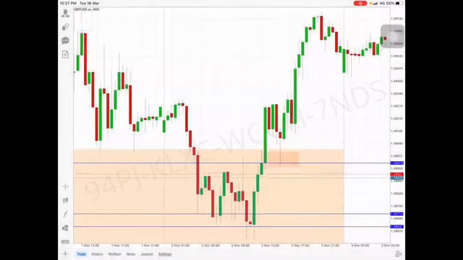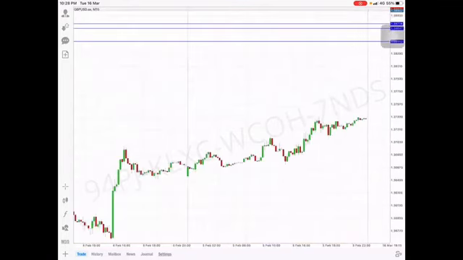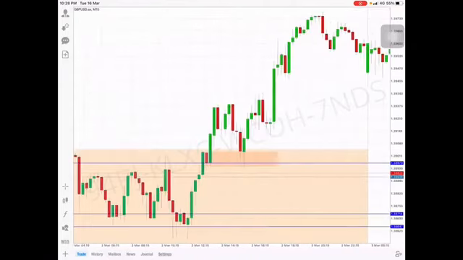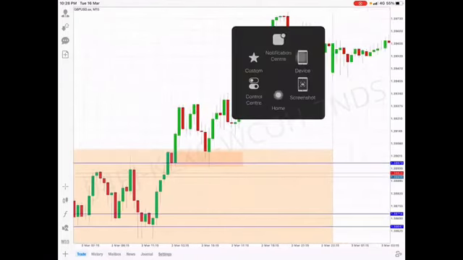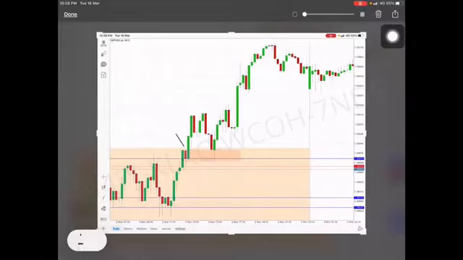How do you see if the DOM is valid or not? Which time frame do we go? M15. Yes, so we go to M15. So is the DOM valid? Is there any engulfing? Yes. So there is an engulfing buy.